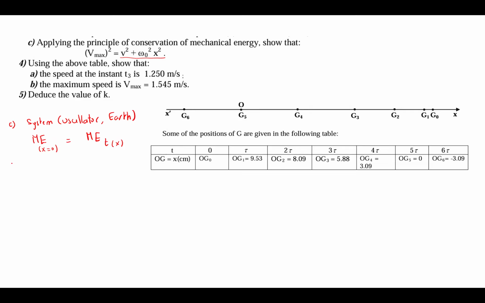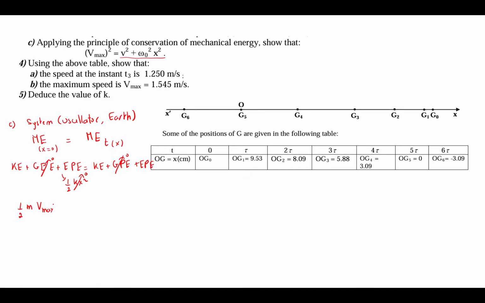Okay, what do I have here? KE, so I write all of this, plus GPE, plus EPE, equal also KE plus GPE plus EPE. We know that GPE is equal to 0 since I'm on the reference. Now, for x equal to 0, there's no EPE, there's no compression or elongation. So this, which is half kx square, x is equal to 0, so it is gone. So I still have half m, but here at x equal to 0, the speed is maximum.